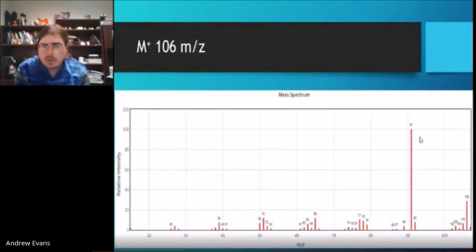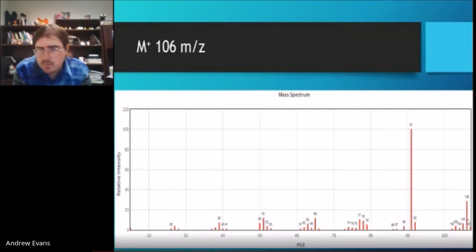So looking at here, what do I see? The mass peak is 106. The most stable loss is at 91. We have lost, what is the mass difference? We have lost 15. So what is this telling me? The most stable loss is most likely a methyl group.